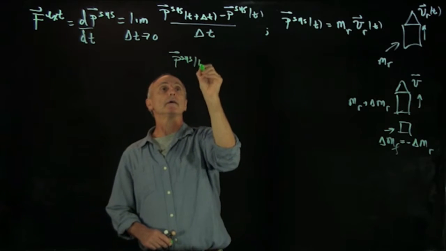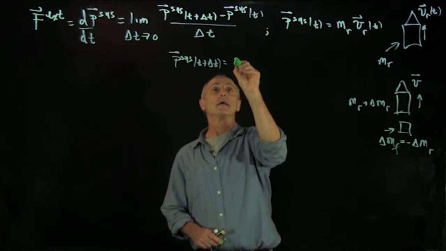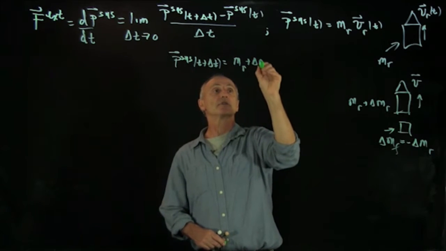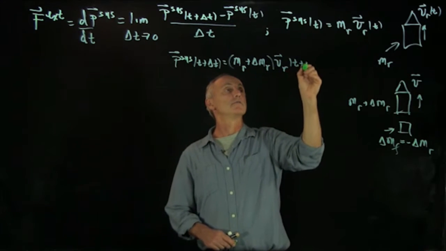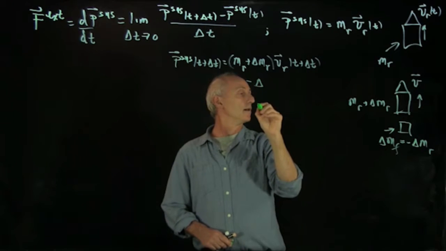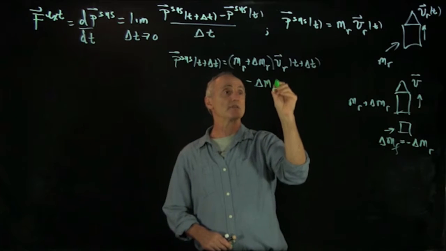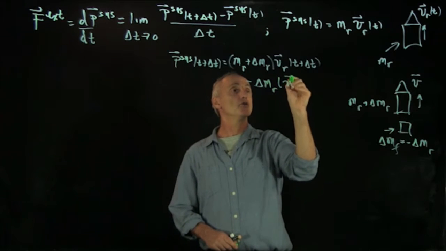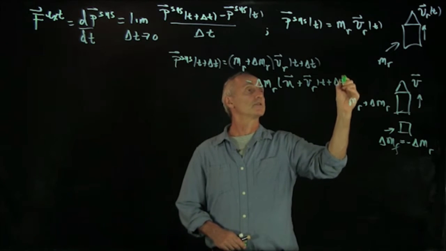P system at t plus delta t had two pieces. It had mr plus delta mr times v of r of t plus delta t. And we were subtracting, because we made this change, minus delta mr times u plus v of r of t plus delta t.